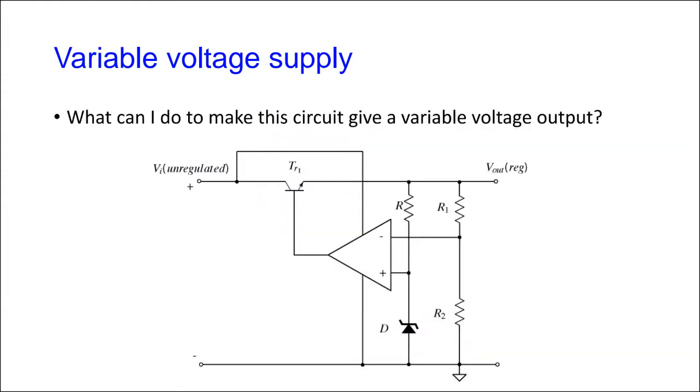So back to our original op-amp design now, right? Forget the 3-terminal for the time being. If I were to ask you how to make this a variable voltage output, how to get a variable voltage output from that, what would you do?